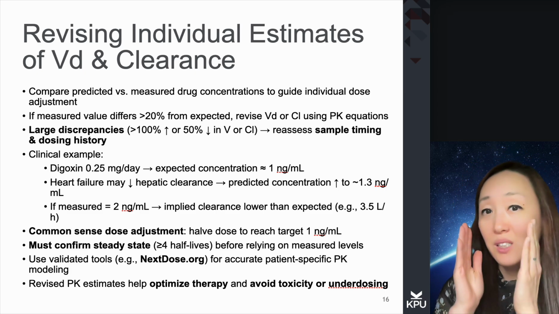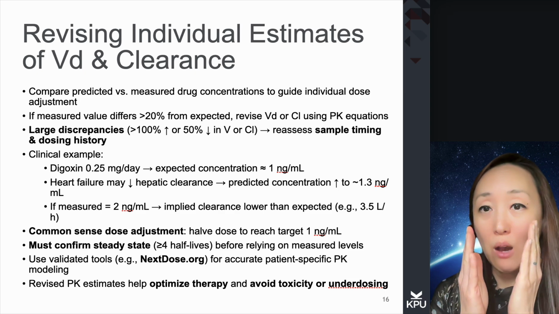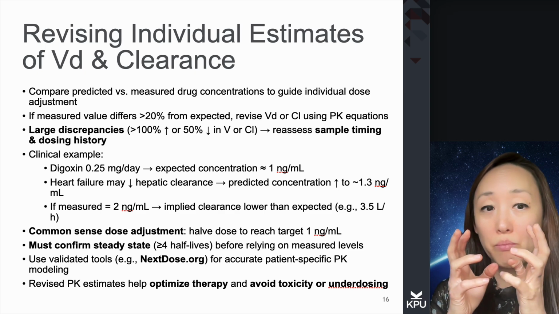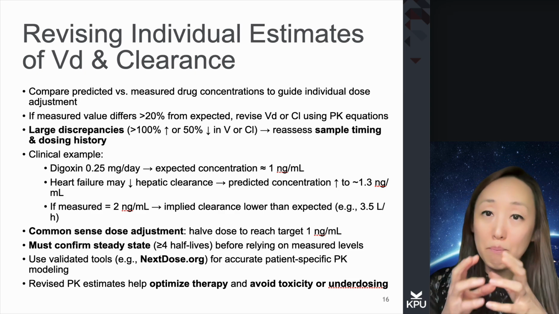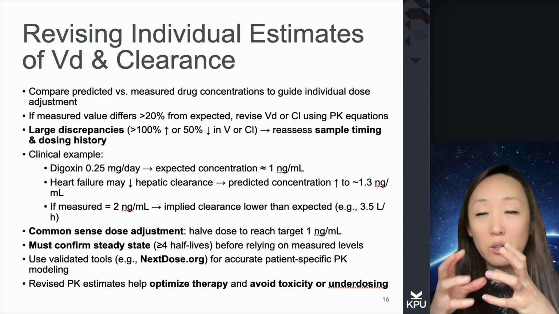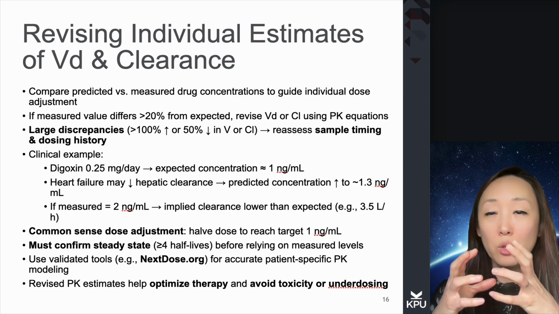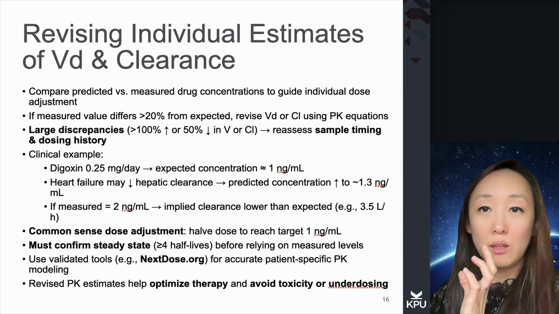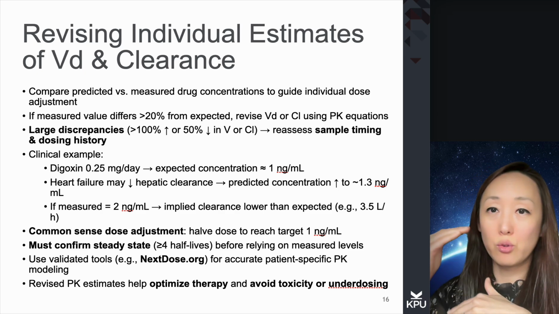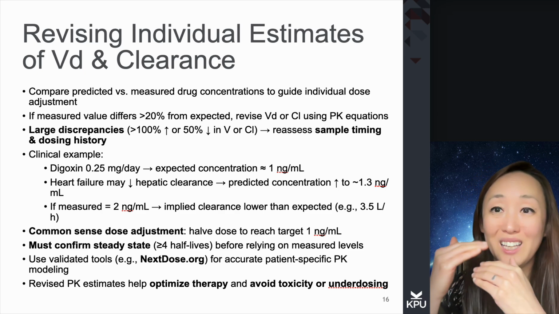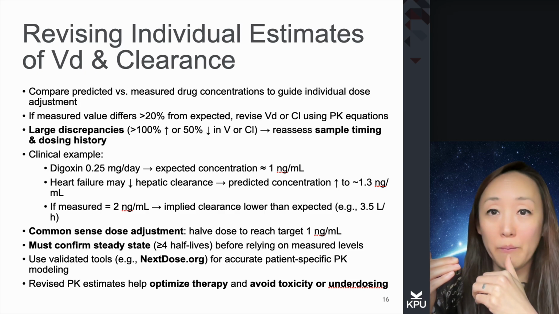So remember, if 7 liters per hour was the norm, and you thought the heart failure would impact and make it 5.5, and based on that lowered blood flow, you assumed the drug clearance would be decreased to the point that your drug concentration in the blood would increase to 1.3.